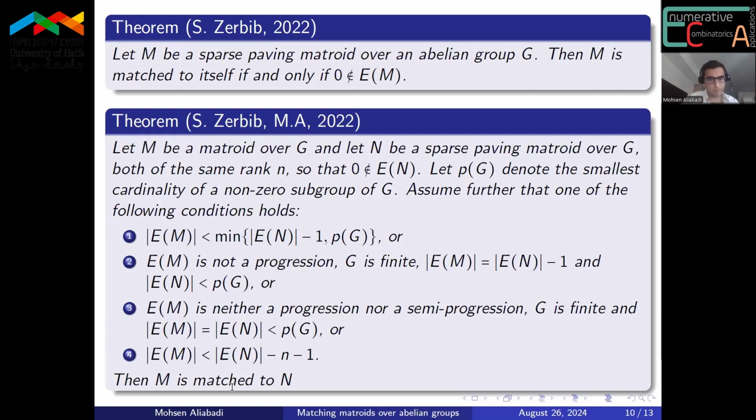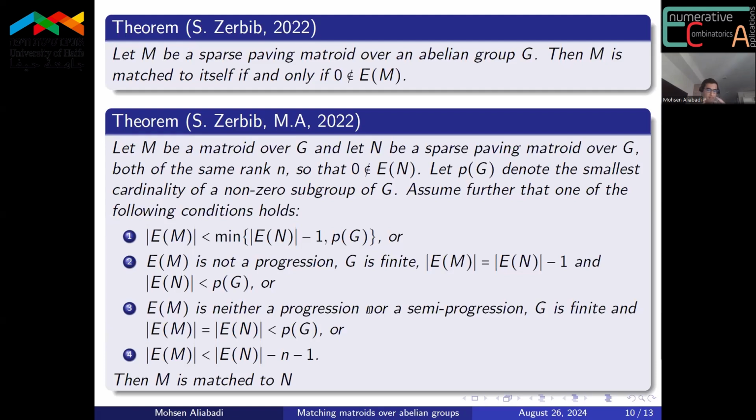So in general, when the size of E of M is less than the size of E of N, and this gap is relatively large, securing matchability is not very difficult, but the obstacles usually occur when their sizes are comparable. Maybe they have the same size, or some other additive situations that we are seeing here.